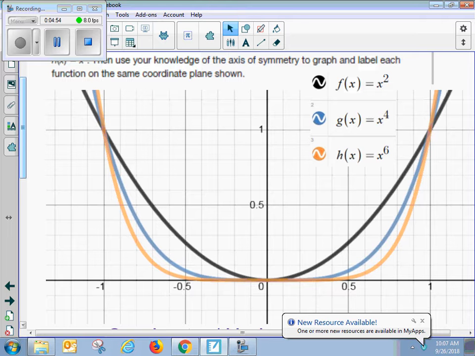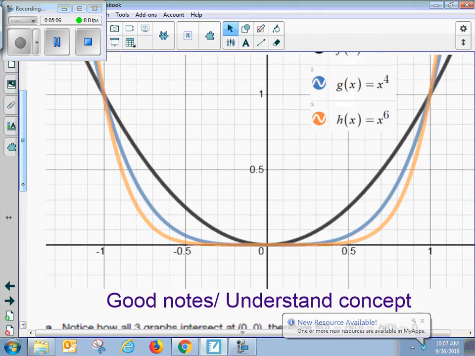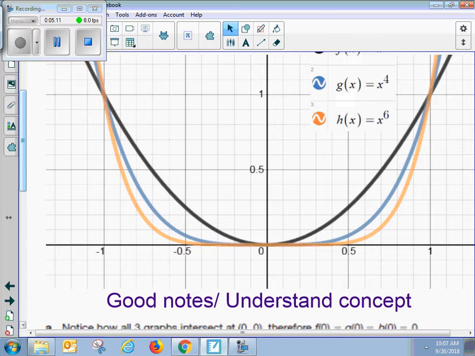Do you see how big I made this x-axis? I showed you from -1 to 1. I really blew up the graph. So between -1 and 1, do you see that the bigger the power, the more time your graph is spending right close to the x-axis? So if I gave you x to the 100 power, it would still have points at (0, 0), (1, 1), and (-1, 1).